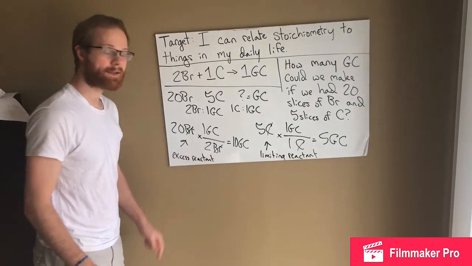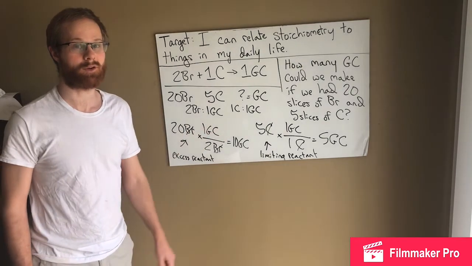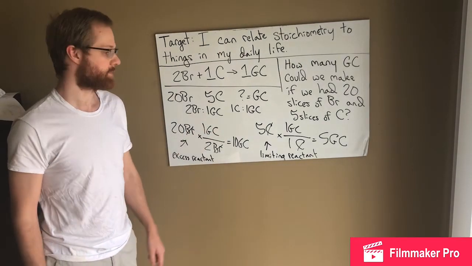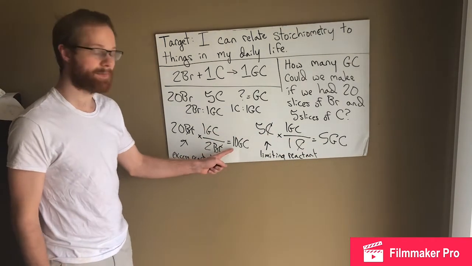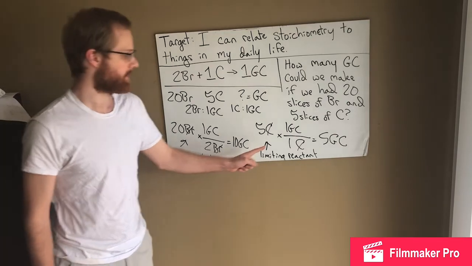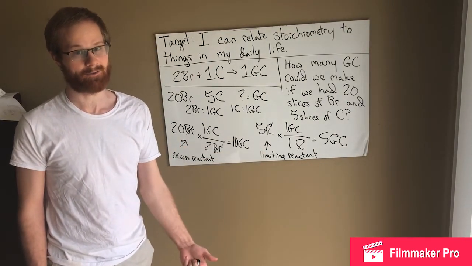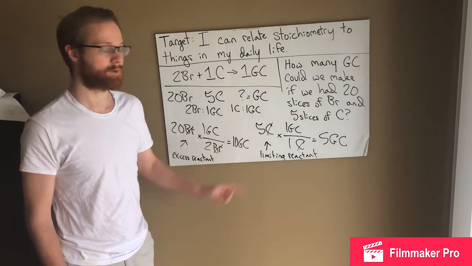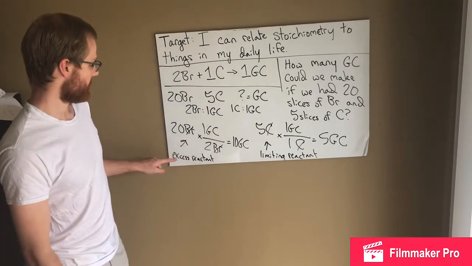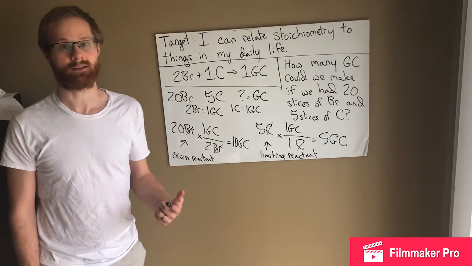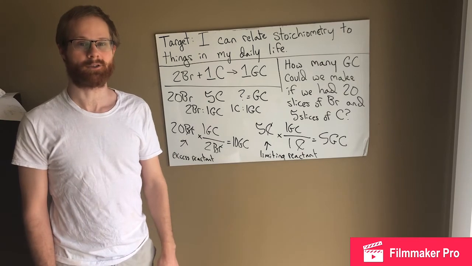It's called the excess reactant because there's going to be leftover bread. There's going to be extra bread once we've finished making our 5 grilled cheeses. Because we've got enough bread to make 10 grilled cheeses, but we don't have enough cheese to make 10 grilled cheeses. We only have enough cheese to make 5. So cheese limits the reaction because it stops the reaction when it runs out. And bread is the excess reactant because there is extra bread when we are done with our reaction.